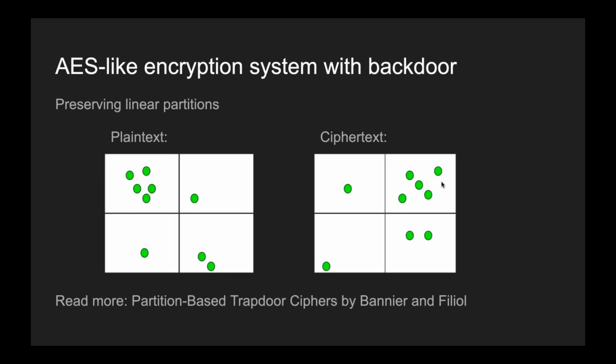So because of this, if I see some random point in a ciphertext, I have a pretty good guess already at where it is in the plain text, and I don't need to check every plain text possibility. I only need to check the plain text possibilities in that one quadrant. So what this means is regardless of what key you picked, the key is how it's actually going to move around within the quadrant, you're still stuck there regardless of the key. So this is what I meant when I said the encryption algorithm doesn't depend on the key very much.